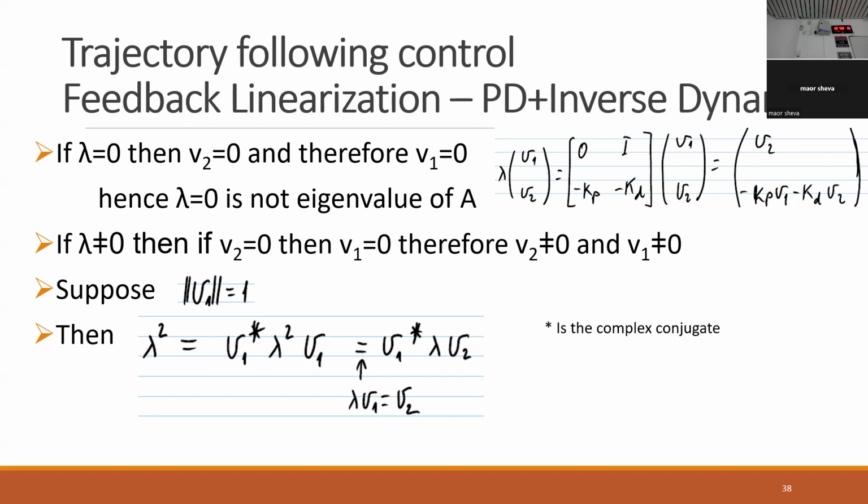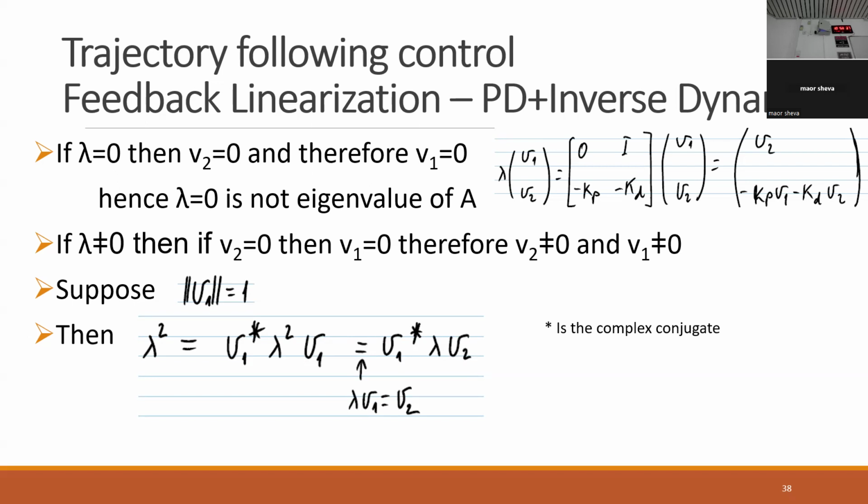So we can suppose now, since V, we can change its length, actually, not its direction, but its length, and we can parameterize it in a single parameter.